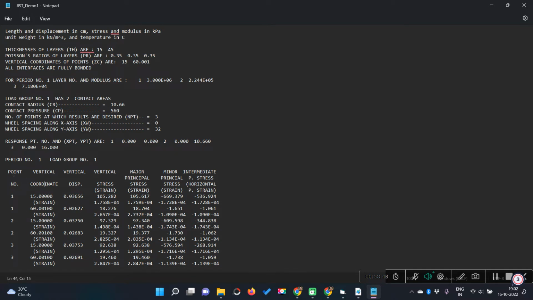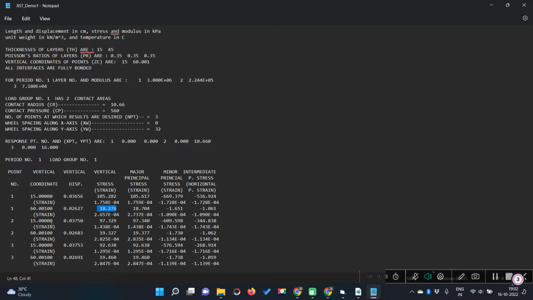This is the vertical coordinate, this is the point, this is the vertical stress, how much stress is getting generated, followed by strain. That means this 105.282 is the stress. You are applying some load, so stress will be there, and stress here is 105 kilopascal at depth 15 centimeter. At depth 60 centimeter, it's how much? 18. It is significantly reduced, you can see here.